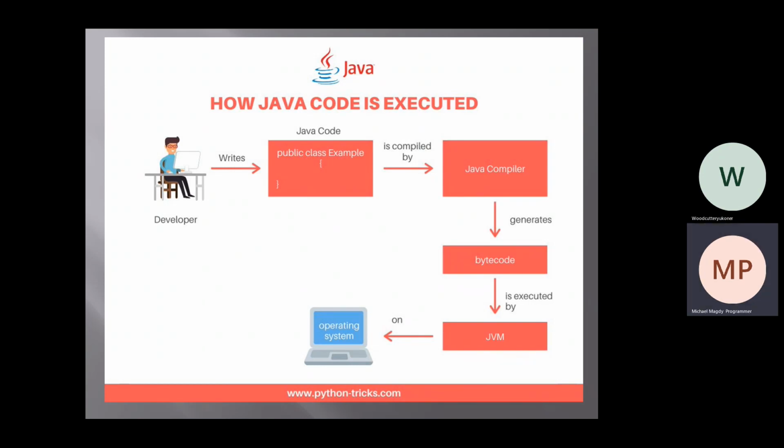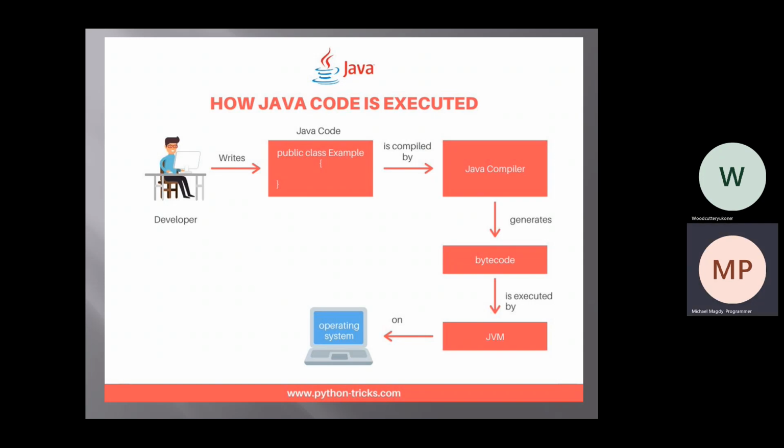But if the Java compiler already checked the whole code and found no errors, it was error free from the programmer side, it will make the next step, which is compiling this code to transfer it to another version, generating something called bytecode. This bytecode is not human readable code, unlike the source code.